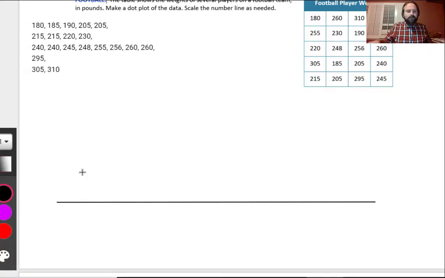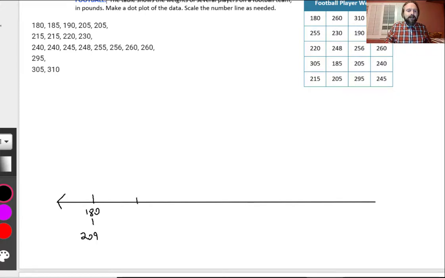And now I'm going to tell you what my categories are. My categories are going to be groups of 30, starting with 180. So this is going to be from 180 to 209.